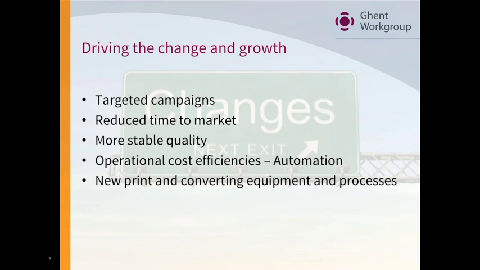A lot of operational cost efficiencies, because instead of doing a lot of the production in a very proprietary way, we can justify the building of automated systems to take the standardized files to the next level of automation. And of course, as I said before, new print and converting equipment and processes.